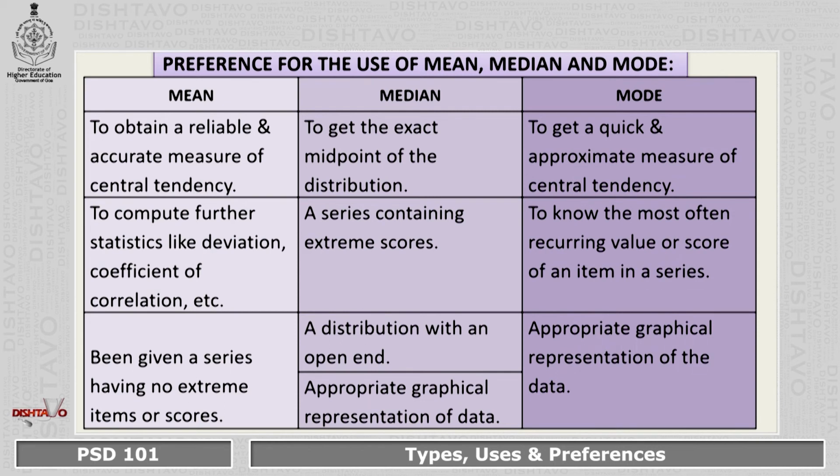What is the preference for using the mode, which is the third measure of central tendency? When we want to get a quick and approximate measure of central tendency, we make use of mode. When we want to know the most often recurring value or scores of an item in the series, again the preference is to make use of mode.